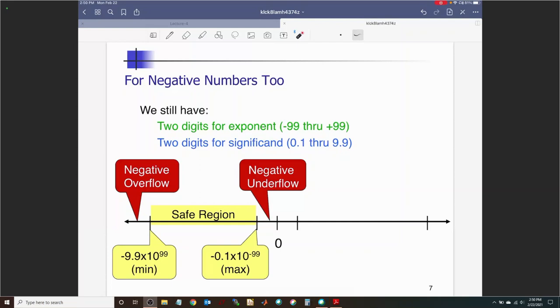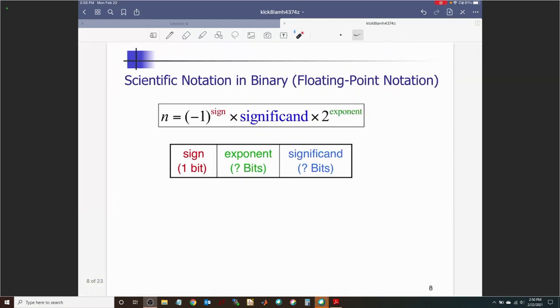All right. Now let's talk about scientific notation for binary numbers, and we are going to be using floating point notation. So what is floating point notation? How is it different from its counterpart, fixed point notation? In fixed point notation, the name kind of gives it away, right?